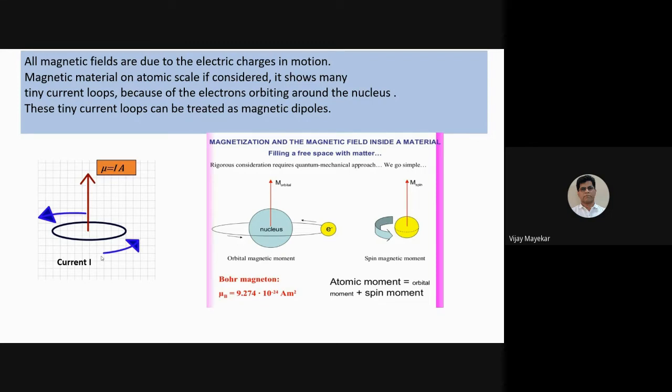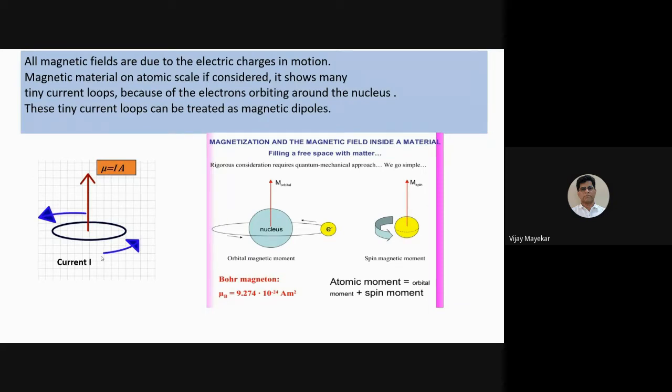There are two motions associated with the electron. Physically, one is the orbital movement, but one more is added, which you might have learned in atomic physics. Because of these two motions, orbital motion and spin motion, we get two magnetic moments.